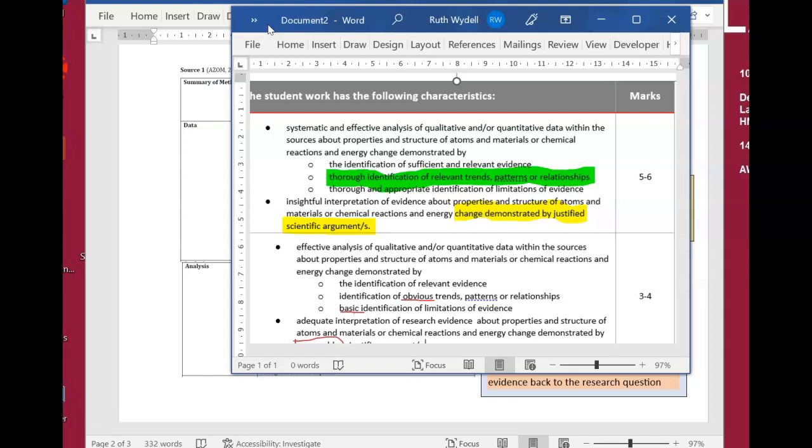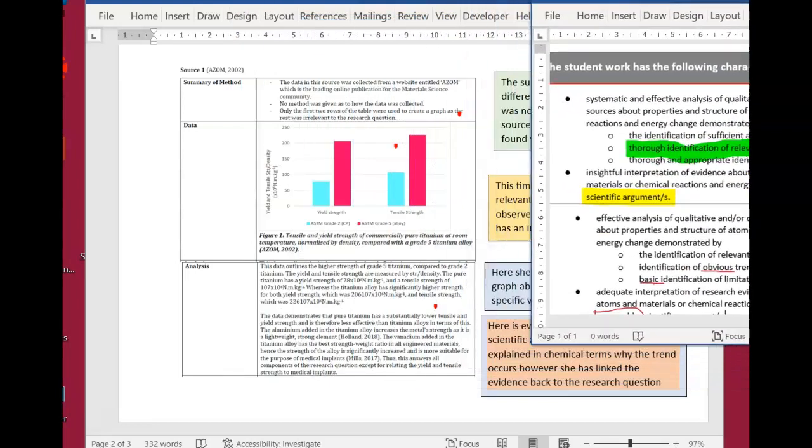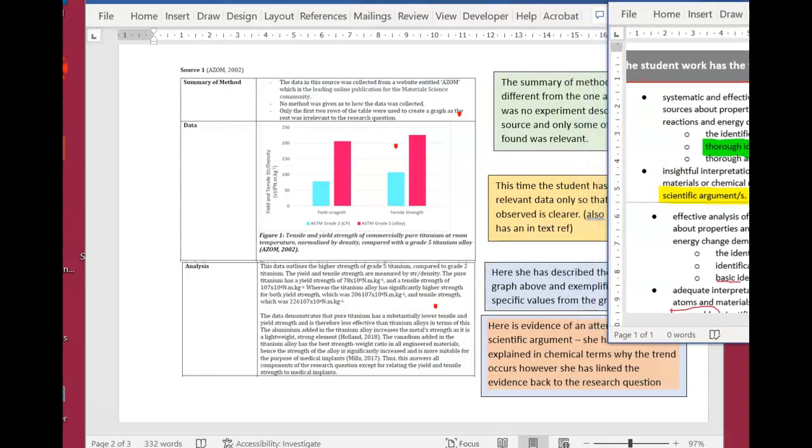But it's the second part that she hasn't done, which is insightful interpretation of the energy evidence demonstrated by justified scientific arguments. So she hasn't created a justified scientific argument for why the trend occurs. So she would not have got the highest level for that.